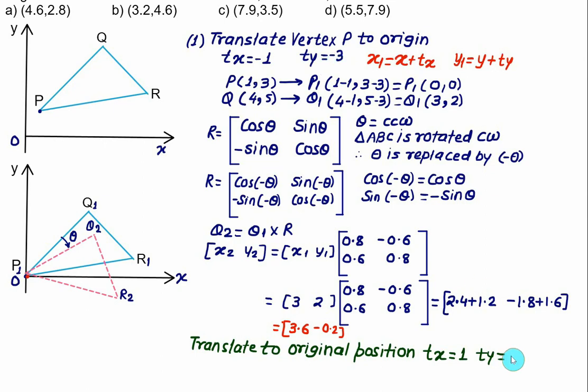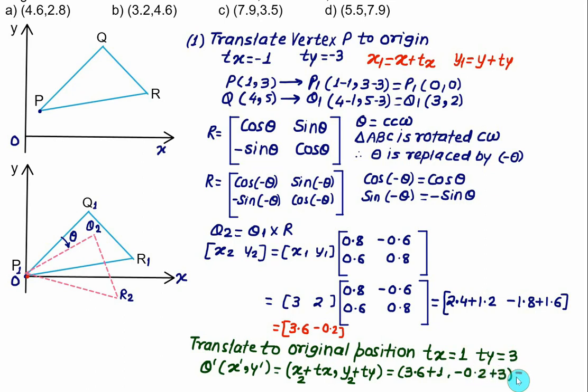So in that case we have Q prime, which has a coordinate of x prime, y prime, replaced as x plus tx and y plus ty. We have x2 plus tx and y2 plus ty. x2 is the same as 3.6, so we have 3.6 plus 1. y2 is minus 0.2, so minus 0.2 plus 3.